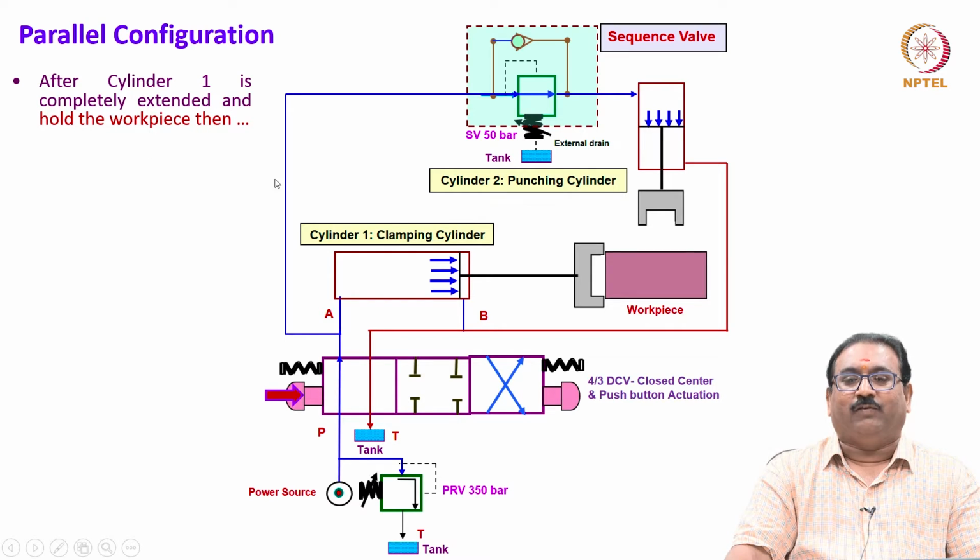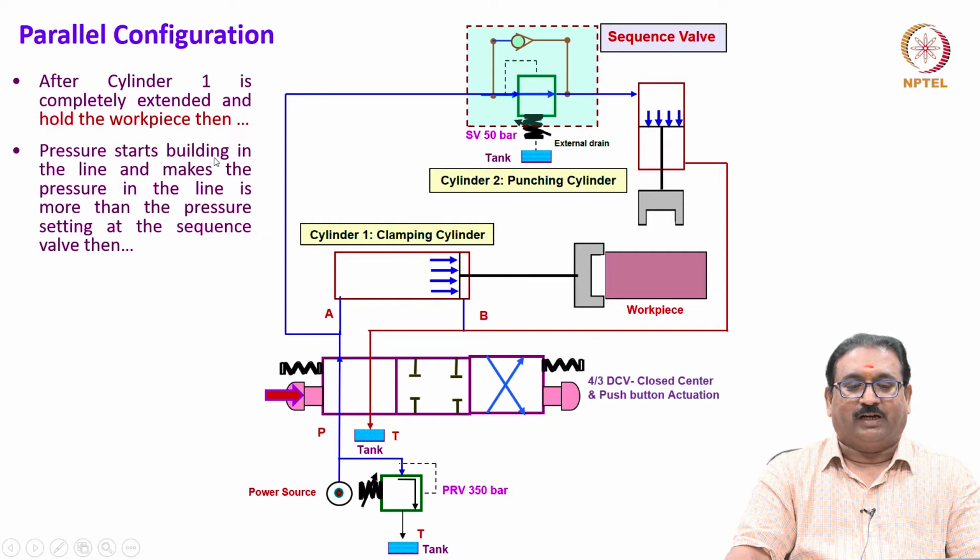After cylinder 1 is completely extended and holds the workpiece, what happens? The pressure starts building in the line and makes the pressure in the line more than the pressure setting in the sequence valve. Once the pressure is higher than what you have set, the valve opens.